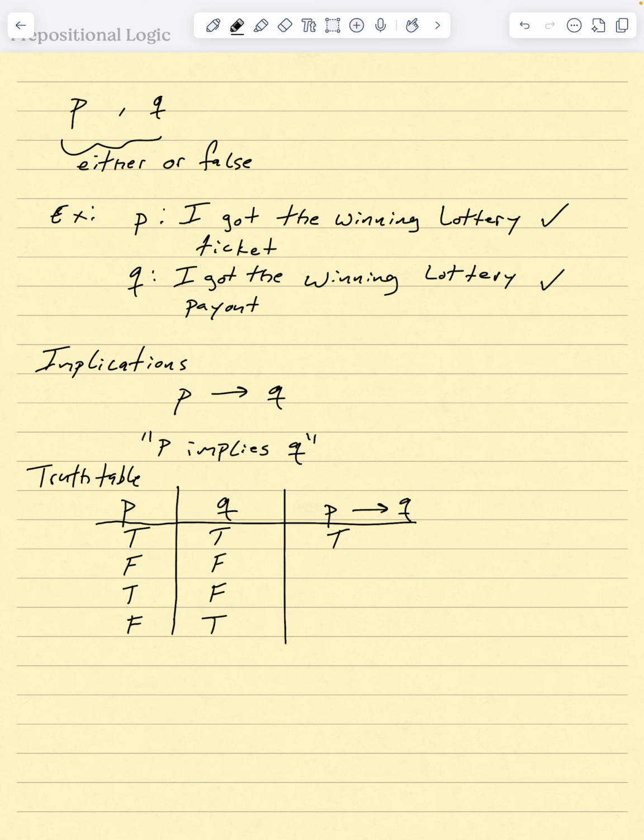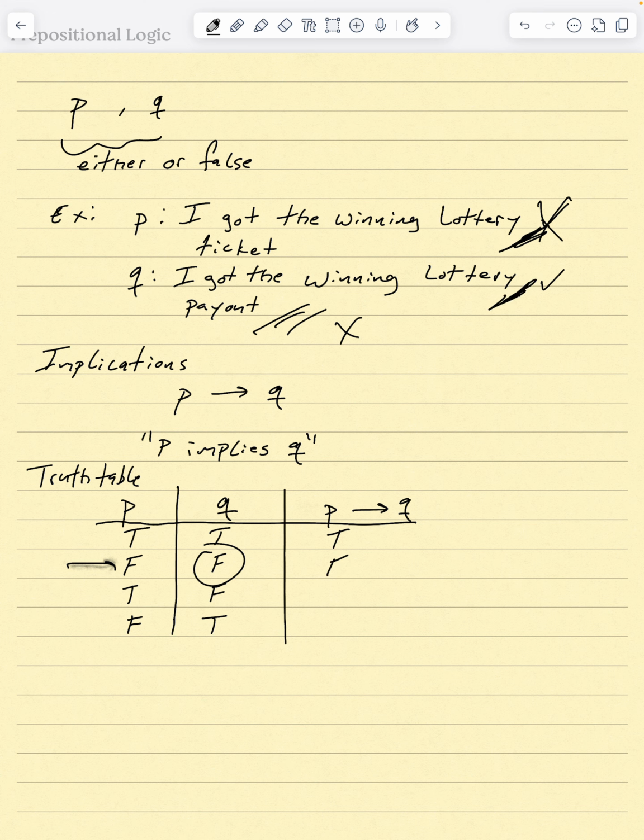Now, this one here, P is false, meaning you didn't get the lottery ticket. And Q being false means this statement is false, you did not get the winning payout. Well, that's expected, right? Because if you didn't get the winning lottery ticket, then you're not going to get the expected payout. You don't feel cheated there.